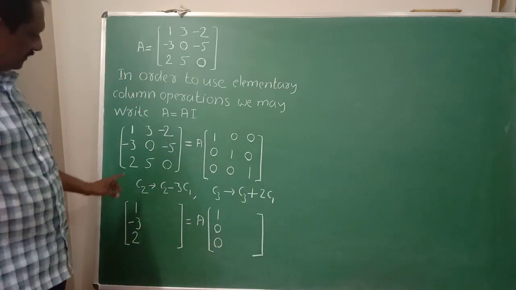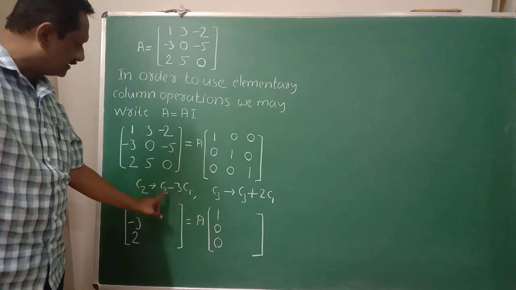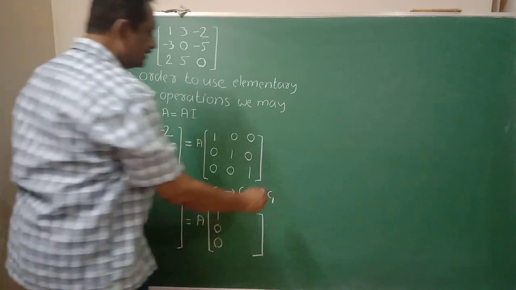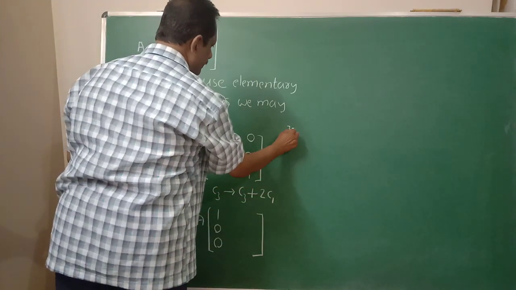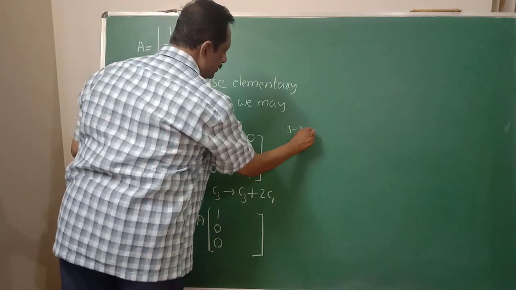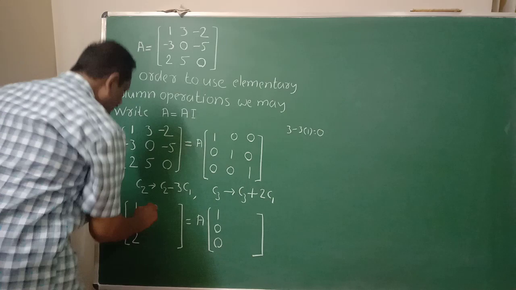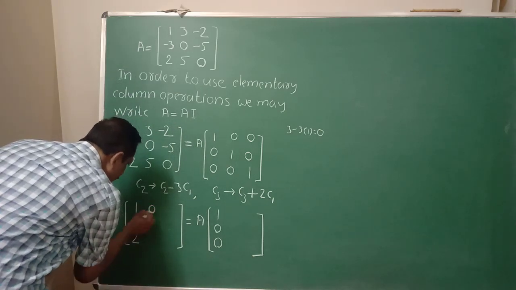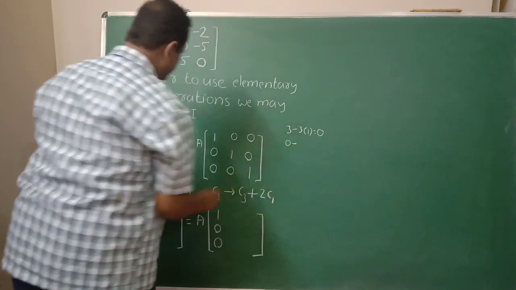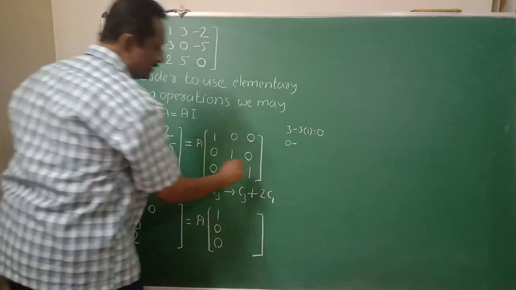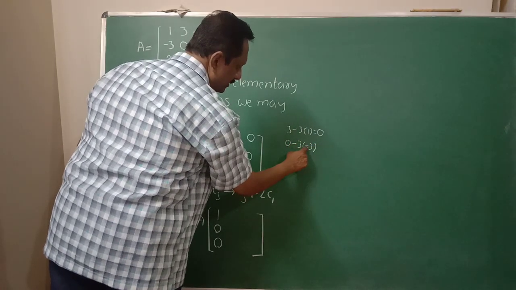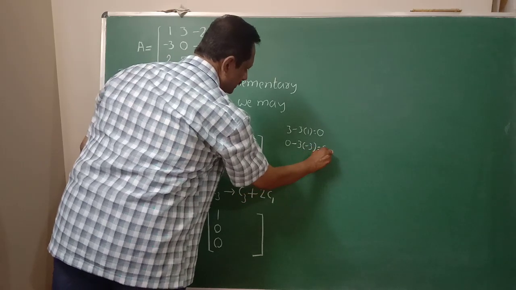Okay. Therefore, multiply the first column by 3 and subtract from the second column. So write here 3 minus 3 into 1. Okay, 3 into 1, it becomes 0. So write here 0. Then 0 minus 3 into minus 3. 3 into minus 3, minus into minus is plus, so 9.